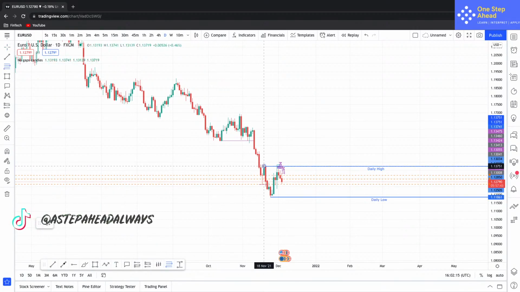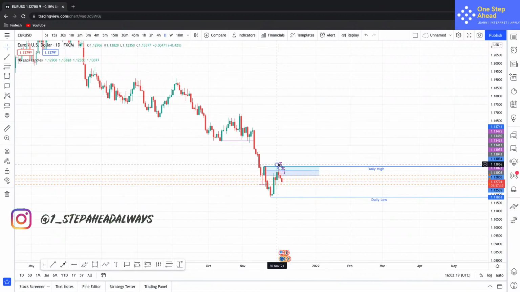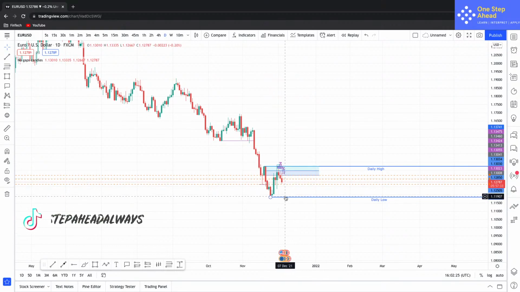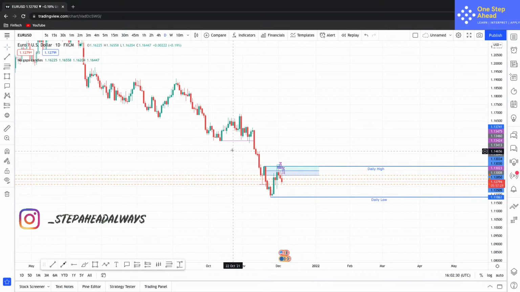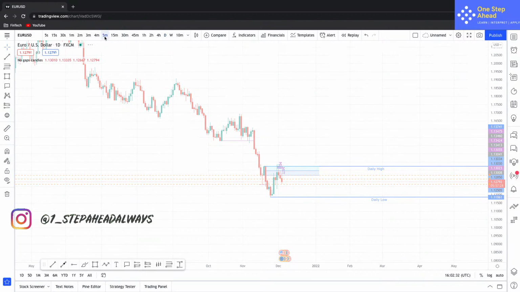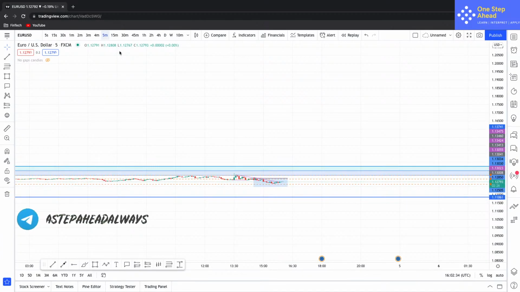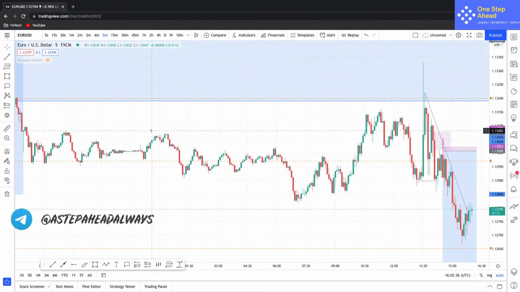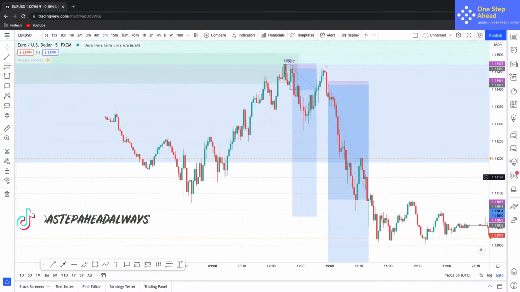So this was an order block that was identified. The ones who got entry from the top, congratulations. We're hoping to get this low out, maybe in the next couple of days or next week. But I'm going to explain the trade which I took yesterday, okay?